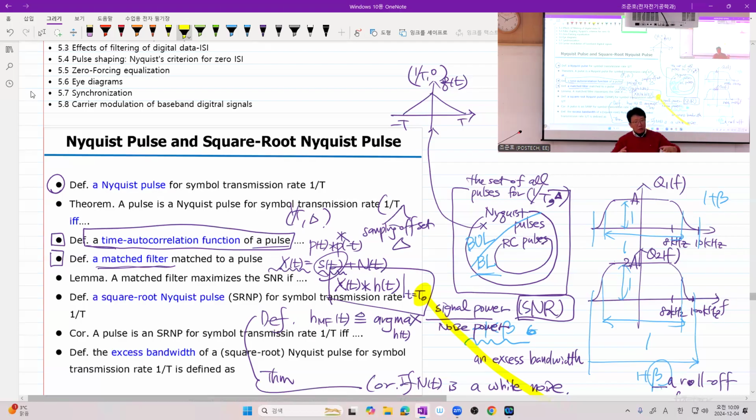So we usually implement our receiver for the best case scenario, and then if the channel introduces some non-ideality, we process after we use the matched filter. Still, that is not optimal. Anyway, the convention is that for a noisy channel, we use a square root Nyquist pulse in the transmitter and receiver. Got it? So please remember that.